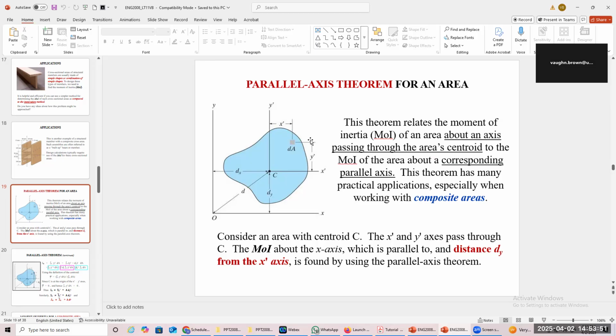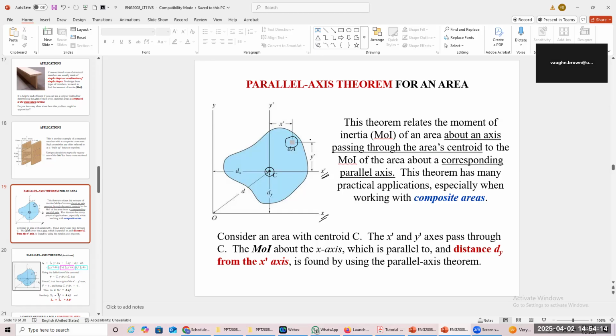If you notice in the parallel axis theorem, this is your centroidal axis. You get an elemental shape, and we choose to take a little shape out of it. The center between both of them, this is dy, this is dx. The axis, if you notice, you have the x-axis, and this is the axis that is parallel to the x-axis. You see that?